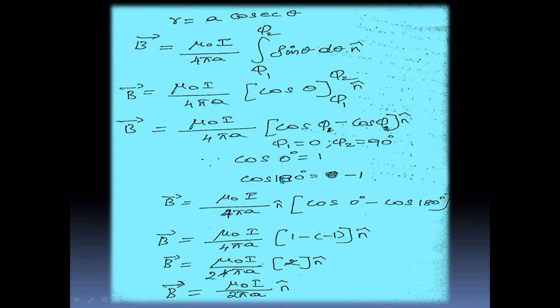Now the value phi 1 is equal to 0 and phi 2 is 180 degrees. Cos 0 degree is 1, cos 180 degree is minus 1. Substituting this, we obtain mu naught I divided by 4 pi a n cap, cos 0 degree minus cos 180 degree.